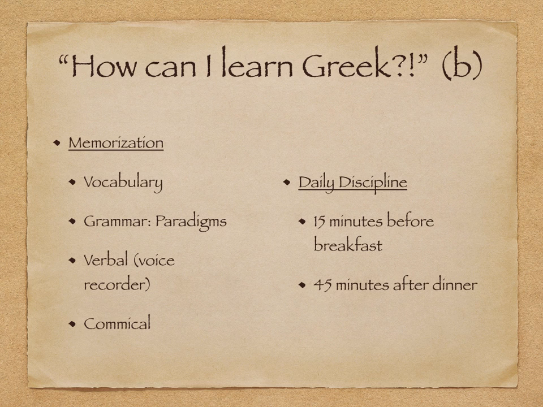I suggest this routine Monday through Friday: 15 minutes before breakfast, reviewing vocab, reviewing grammar; 45 minutes after dinner, and toward that end of the day period, once we get to more translation in the workbook, to work on your workbook in the evening, and some review every morning.